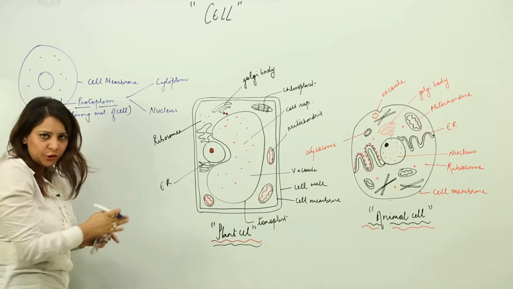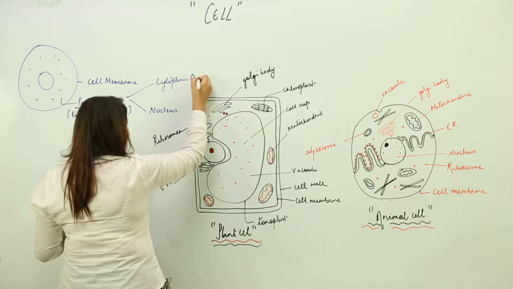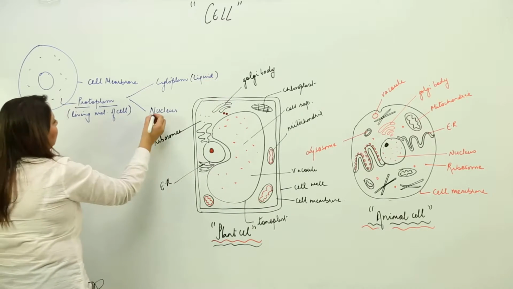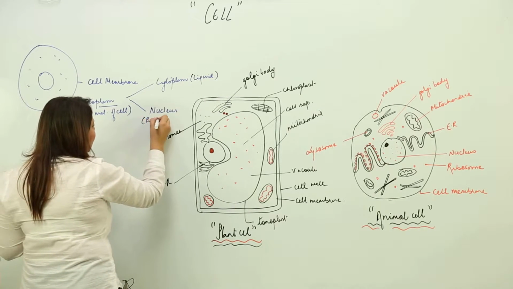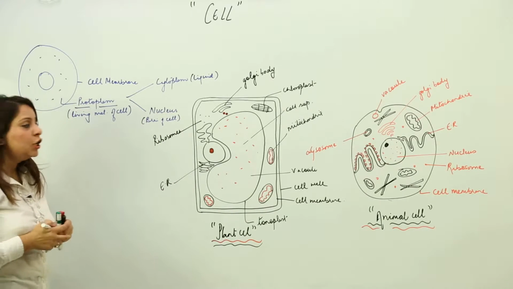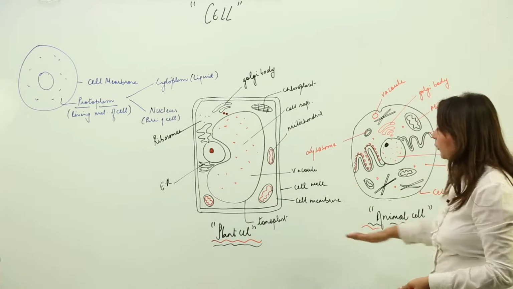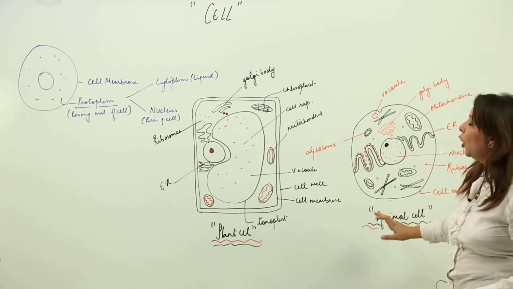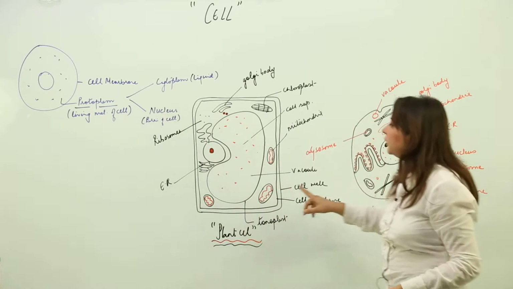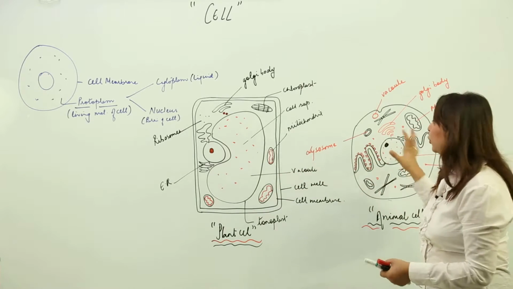Protoplasm is the living material of the cell, which is divided into two parts: the liquid part called cytoplasm, and the brain of the cell, the nucleus. As you can see, plant cells and animal cells all contain the cell membrane, the outer one, and whatever is in the cell is just the protoplasm.